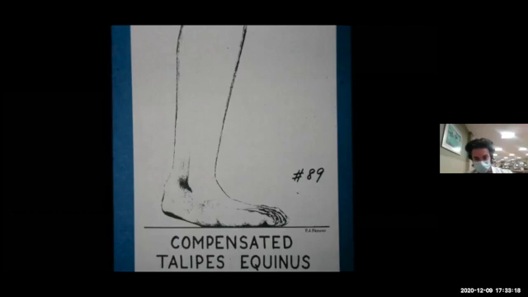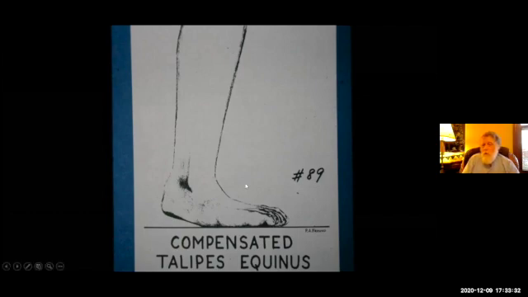Abducting the forefoot. Abducting the forefoot? Is that what you said? Maybe. Well, you pronate. So what you do is you pronate, and you end up with a situation like this. You pronate the midtarsal joint and the subtalar joint to gain a little bit of dorsiflexion in the midfoot.